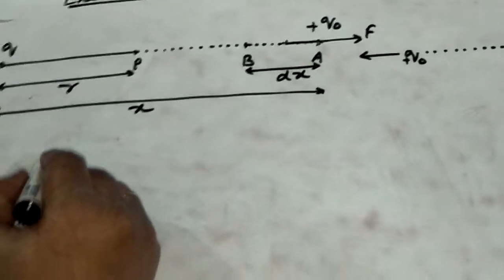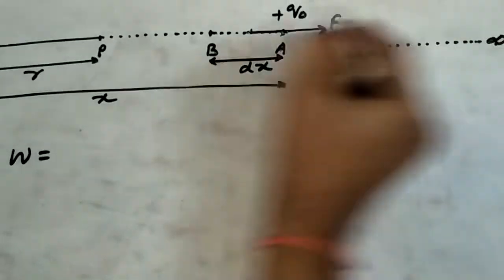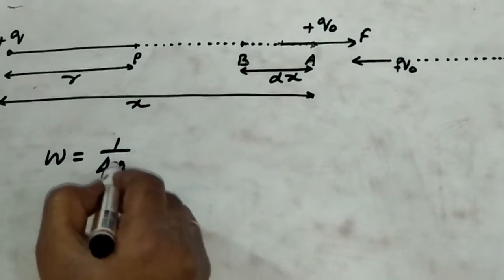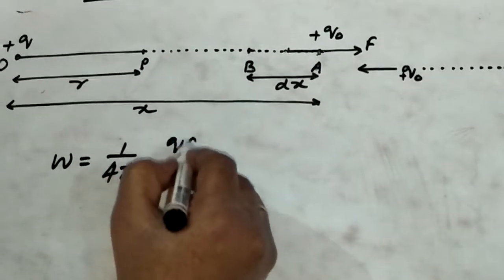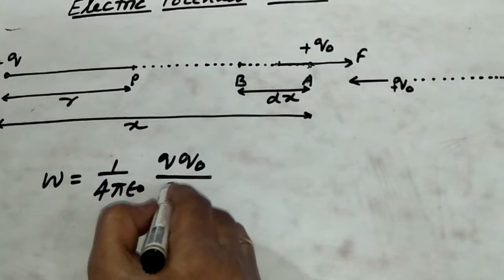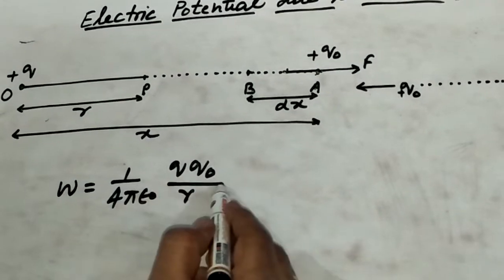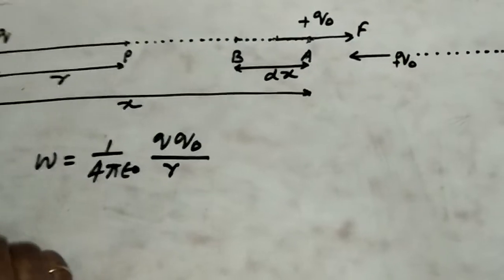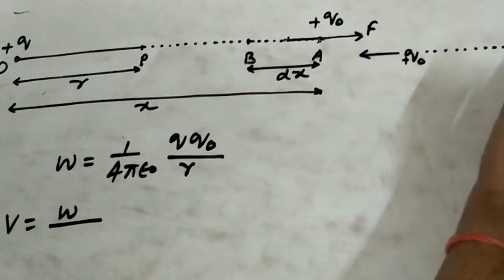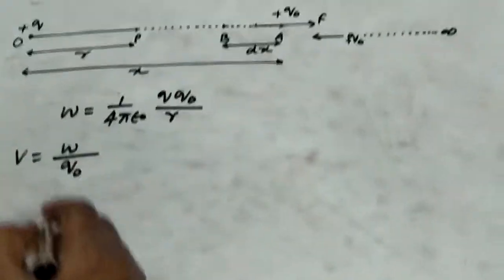So you can say the work done in taking a test charge plus Q naught from infinity to the point P is given by 1 upon 4 pi epsilon naught Q naught upon R. W is equal to 1 upon 4 pi epsilon naught Q naught upon R. But by definition, electric potential at the point P is the ratio of work done in taking the test charge from infinity to the point P, which is W, and the magnitude of the test charge Q naught.